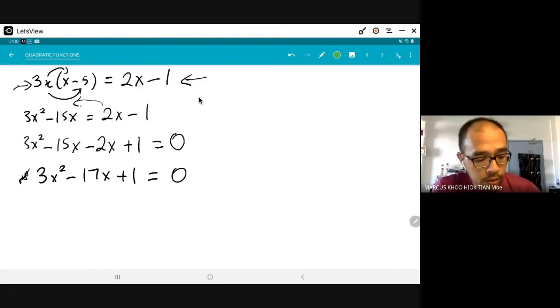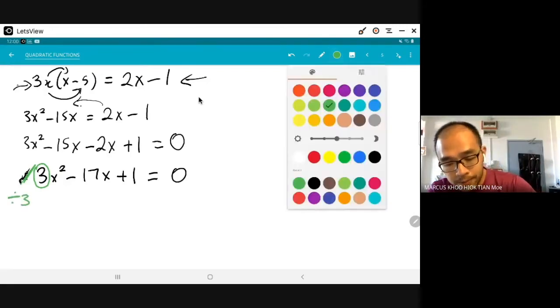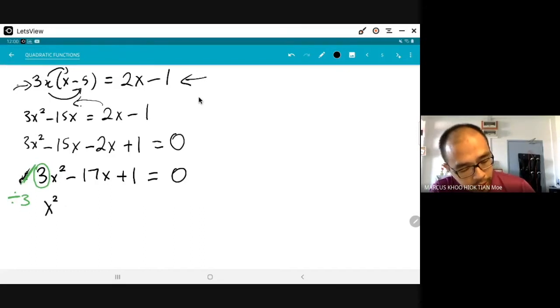Okay, kalau kamu diberi begini, you cannot do anything yet. You have to divide everything with the x squared punya number supaya dia jadi 1. So kamu bahagi 3 semuanya, you will get x squared minus 17 over 3x plus 1 over 3 equals to 0.